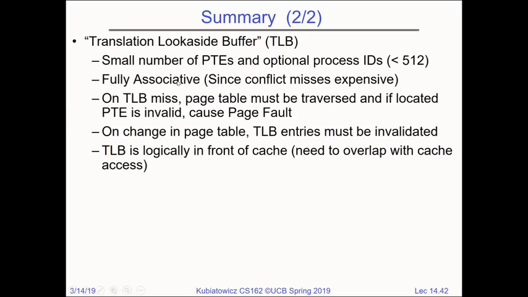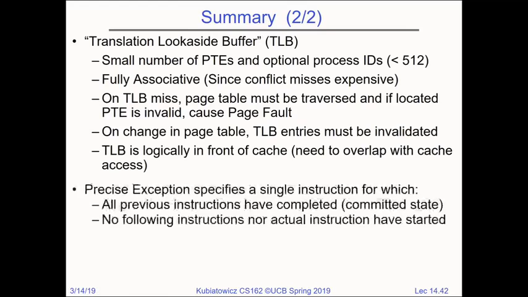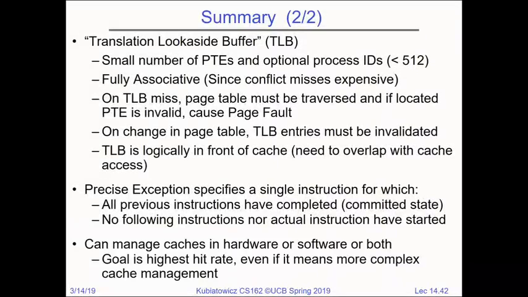It's fully associative. On a miss, the page table is traversed, and if there's an invalid PTE, we get a page fault. We talked about precise exceptions: a well-defined exception place where all previous instructions have completed and that one and nothing else has completed or started. And we can manage caches in hardware or software or both. Next time, we are going to manage our page cache in software.